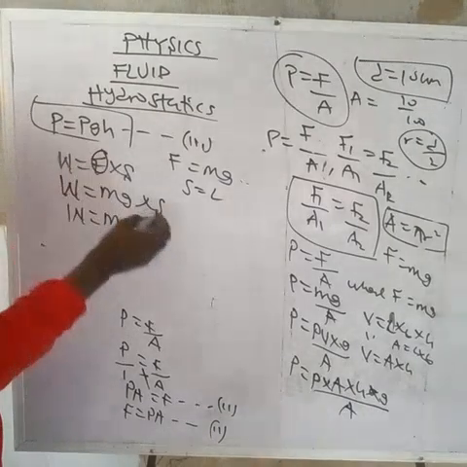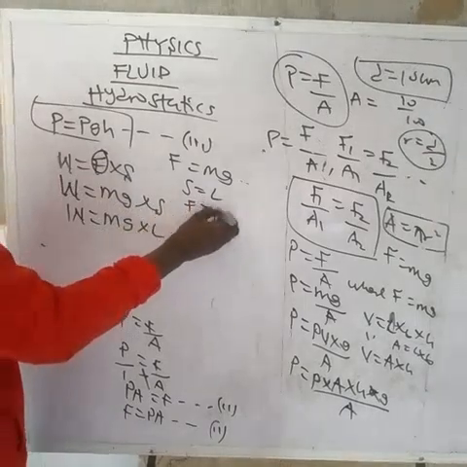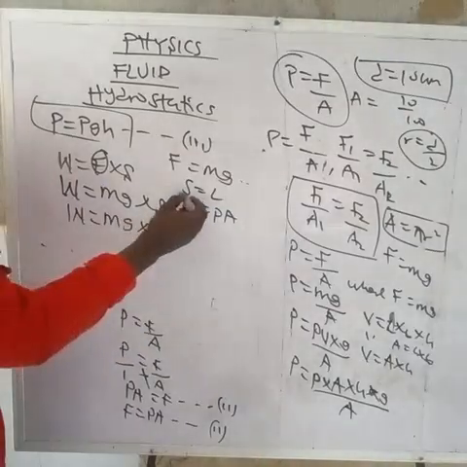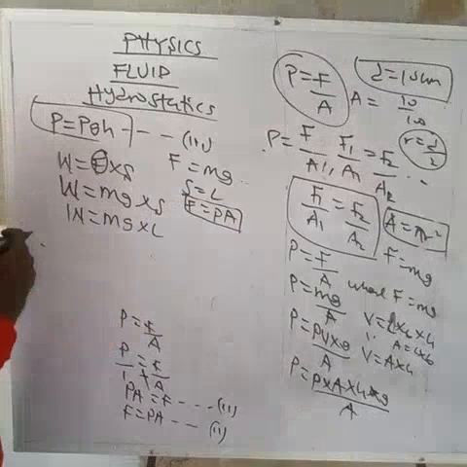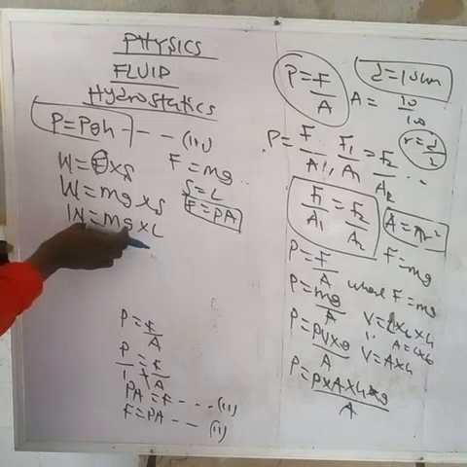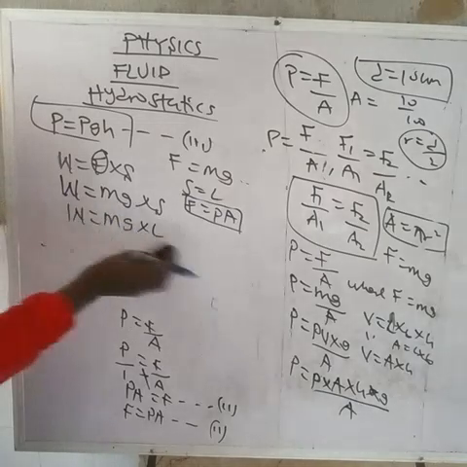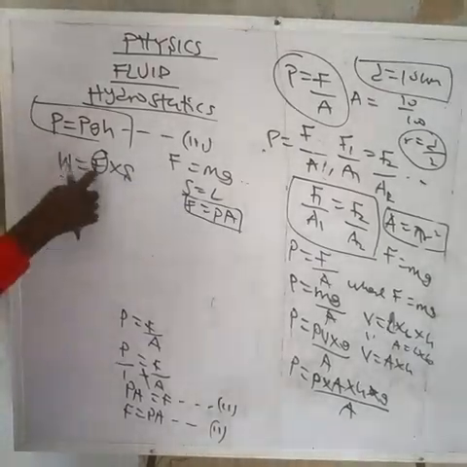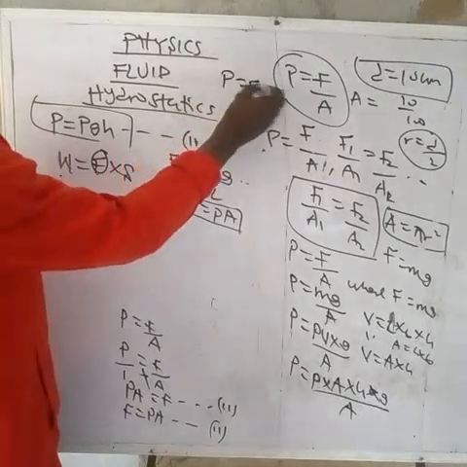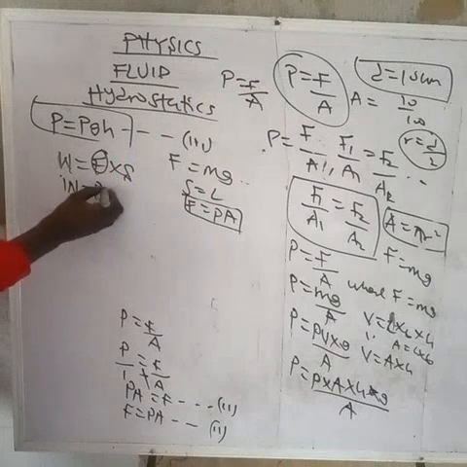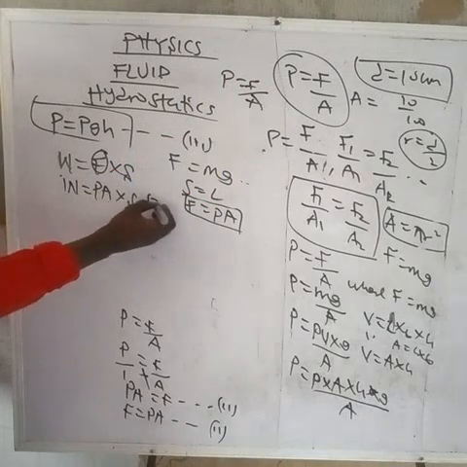Once this is F, what is F? F is pressure times area. Because in terms of the pressure, we have P times A. So if it's P times A instead of mg, it's still the same thing you're going to get. But instead of that, we can just input the value of W directly. If F is PA from pressure is equal to force over area, then W is equal to PA multiplied by S, and I said S is equal to length.